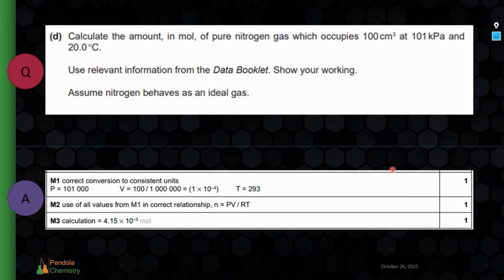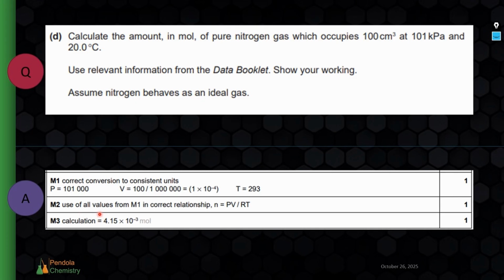So you get a point, because this is a 3-point question, for converting all of the variables into the proper units. So we get a point for converting the kilopascals for pressure into pascals, the volume from 100 cubic centimeters to cubic meters, and the temperature to Kelvin.